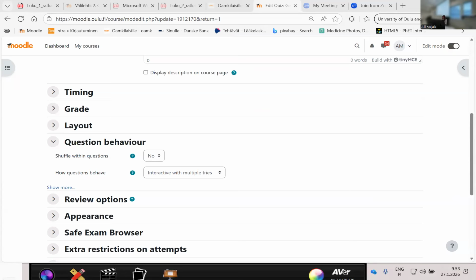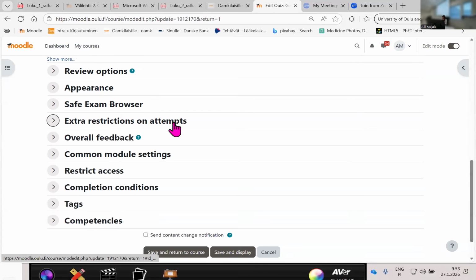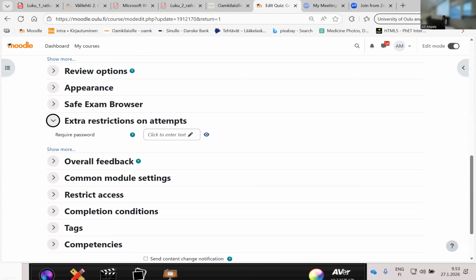So it's with the question behavior. Aha, so it looks different here. It says some other thing, so maybe that helps if I say that. Maybe something else. Extra restrictions on attempts, because there's nothing like that. No. Feedback thing. No, but this is something different.